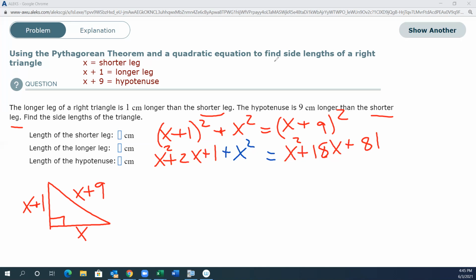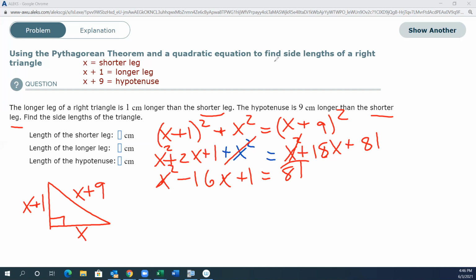Okay, so we got to get everything together on one side so we can factor it and set the factors equal to 0. Okay, so I'm going to subtract an x squared from both sides. Boom, done. I'm going to subtract an 18x from both sides. Boom, I've subtracted 18x.